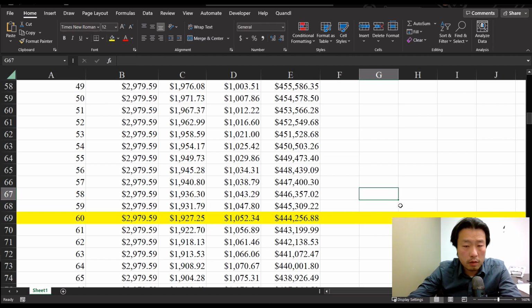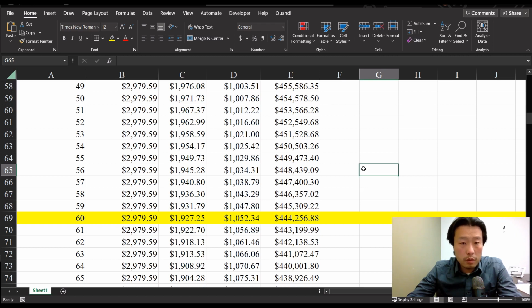The table tells us that after 5 years, the outstanding balance of your mortgage is $444,256.88.